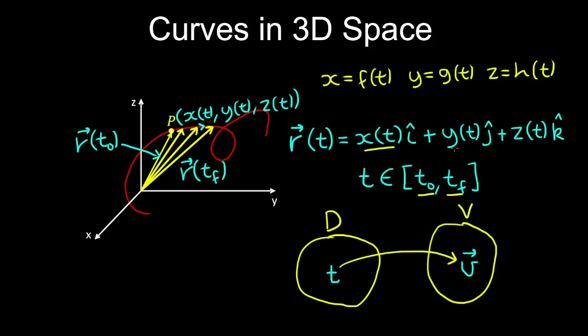So x(t), y(t), and z(t) are called real-valued functions because they take a real number as an input and output a real number, and these are components of the vector-valued function r, which takes in a real number and outputs a vector.